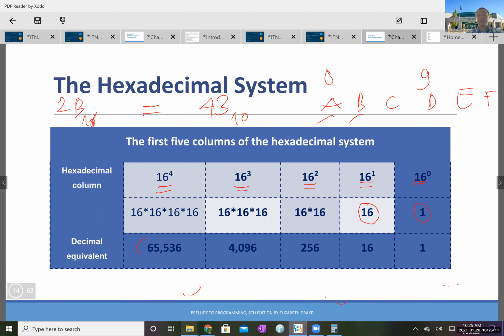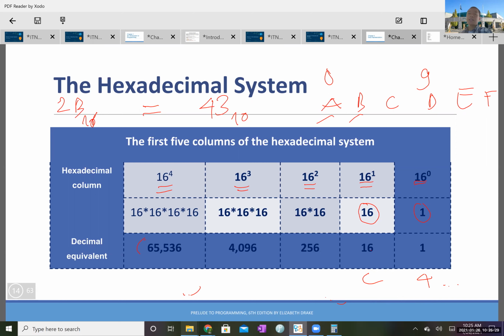So now let me give you another example. If I have C4 in hexadecimal, what is the decimal value? C is 12, right?